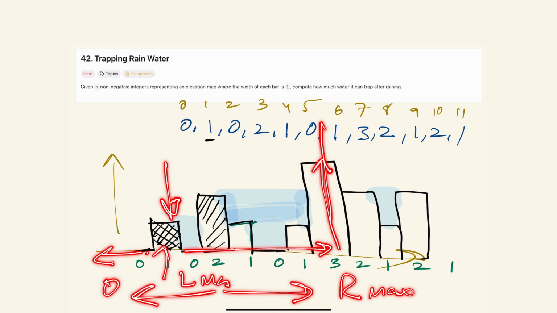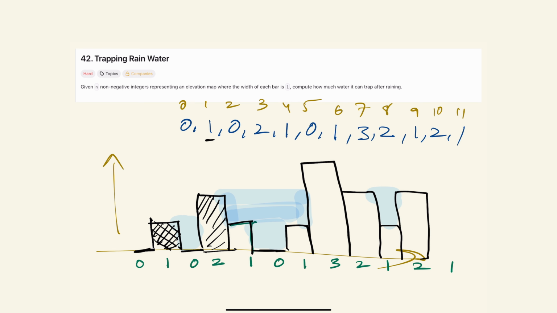If I stand here, that means the left max height is 2 and the right max height is also 2. So it depends on position. So the best strategy is to iterate one by one and find what is the max with reference to the current position and what is the max on this side. Why is it so important?